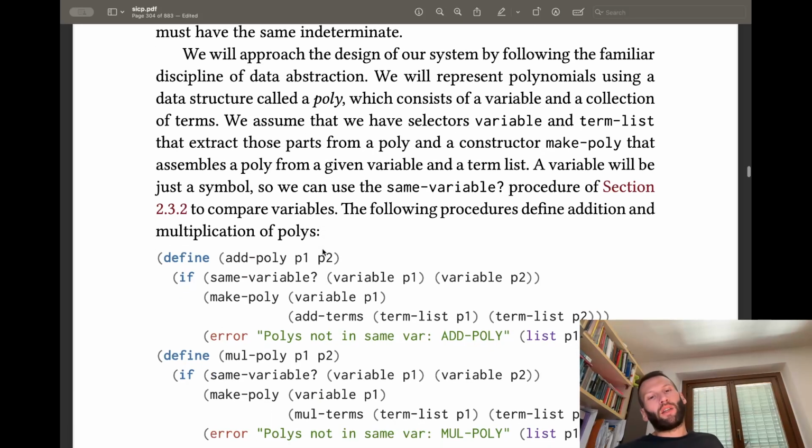Okay, so I think that this book has a problem. The problem is that in basically every example, the example is drawn from mathematics. And if you know mathematics very well, it's easy to follow along, it's easy to understand.